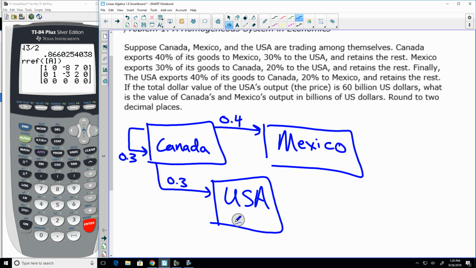All right, Mexico exports 30% to Canada, 20% to the U.S., and retains the rest. What would the rest be? 50% or 0.5?